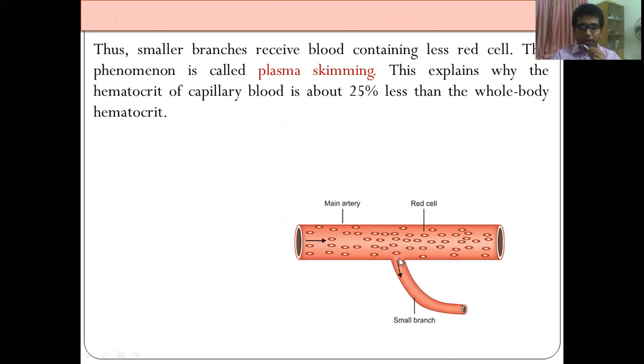So the hematocrit value falls in the capillary, to about 25% less than the whole body hematocrit. This phenomenon is called plasma skimming. Thus, the smaller branches receive blood containing fewer red blood cells. This explains why the hematocrit of capillary blood is about 25% less than the whole body hematocrit.